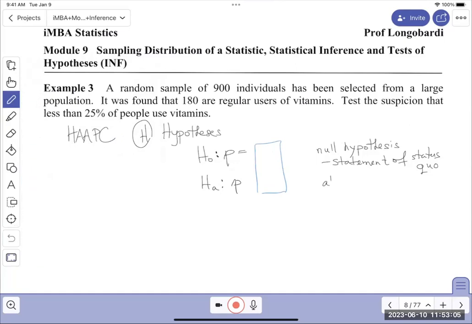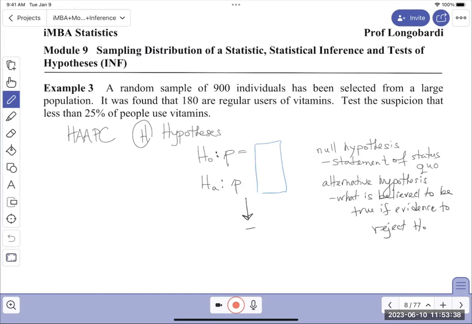The alternative hypothesis is what I believe to be true if there's evidence to reject the null hypothesis. And I have to put a sign in here. Either I put the opposite, not equals, I make it greater, or I make it less. Those are 3 options that go in there.